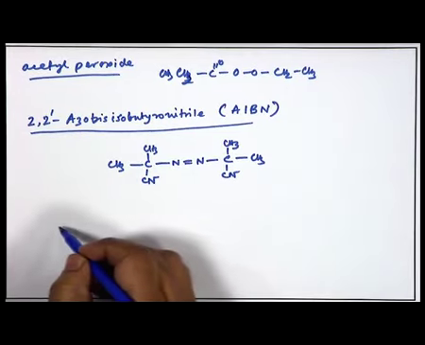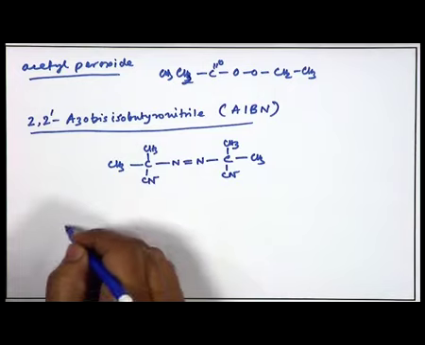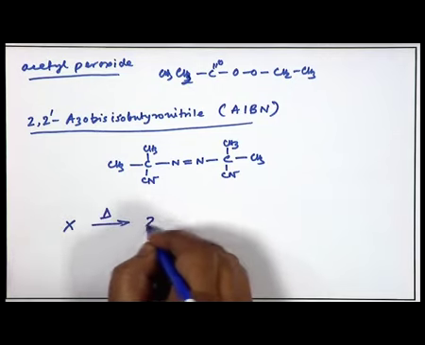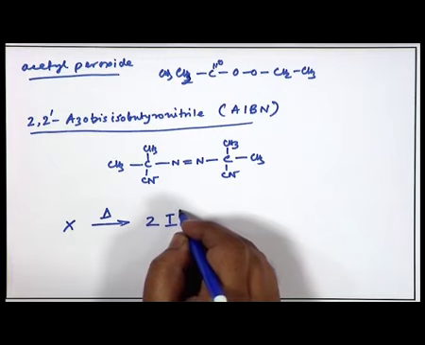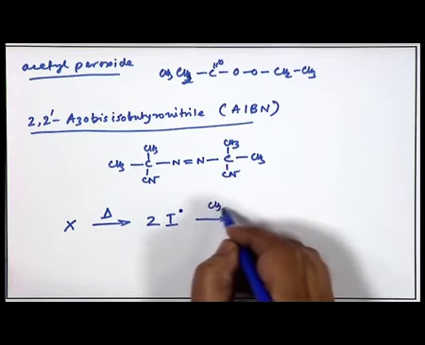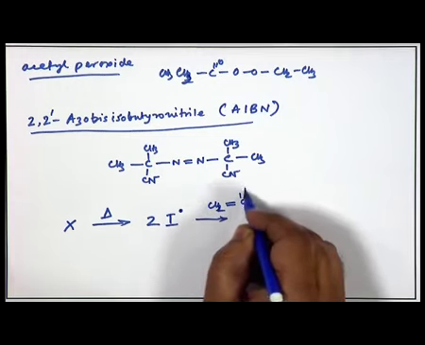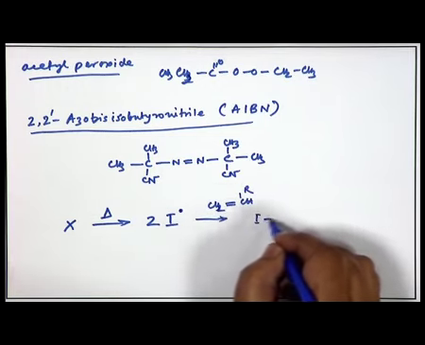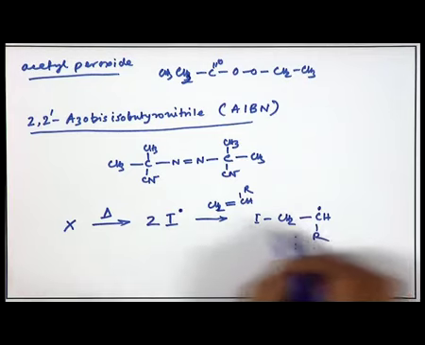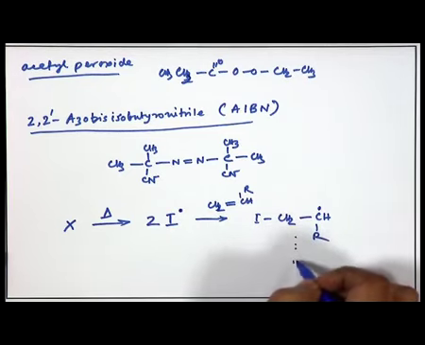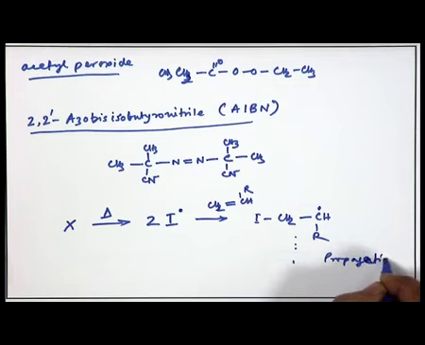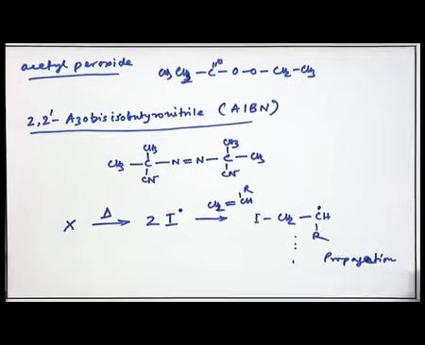If I talk about the initiator as some X, on heating it will produce I dot, which will react with the monomer and produce another I dot, and this is the initiation step, and then it will further react with monomers and propagate, and this will finally undergo termination.